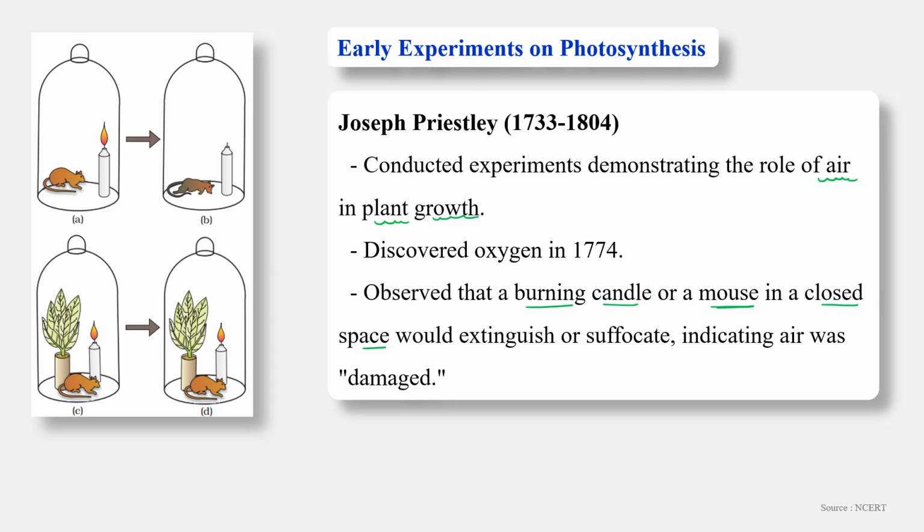But in the same experiment, he put a mint plant inside that jar. Then after some time, 6 hours or so, the candle is able to burn and the mouse is also in a survival state. Means the plant is responsible to convert that damaged air into fresh air. This kind of experiment was conducted by Joseph Priestley.